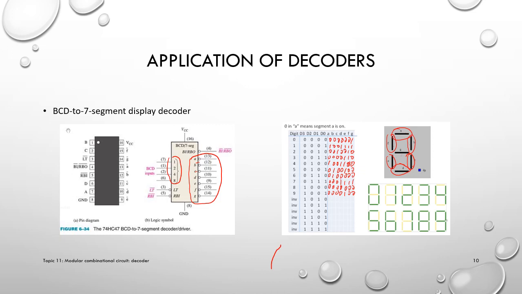We will try to avoid that. But in many cases we actually don't have to treat them as don't cares. In most cases, we want to use the display for hexadecimal numbers. So basically we have another 6 symbols here, which are A, B, C, D, E, F.